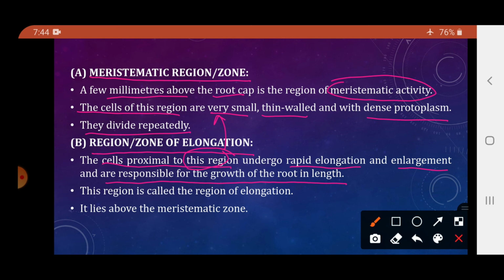So this region which lies above the meristematic region is called the zone or region of elongation, whose cells will rapidly elongate. They will increase in size and are finally responsible for increasing the length of the roots.